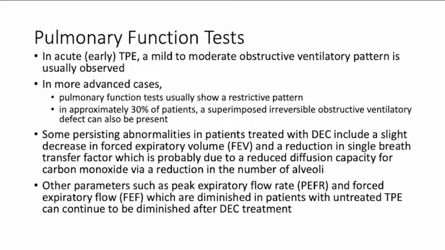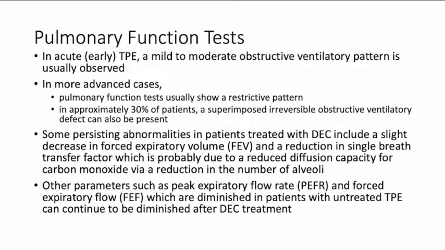When you do the pulmonary function test, you first want to assess what type of pattern it is. Then in patients who have an obstructive pattern, you want to see if that obstruction can be relieved by bronchodilators like salbutamol. In most patients with TPE, the obstruction is not reversible.